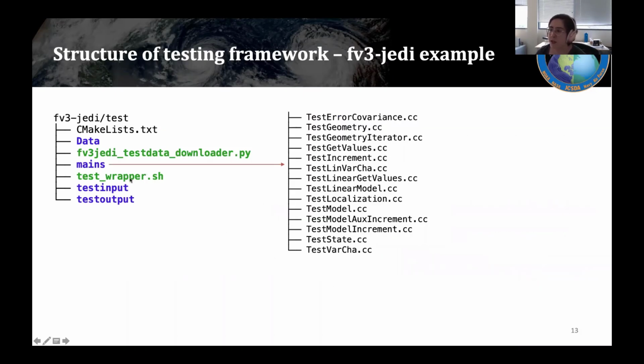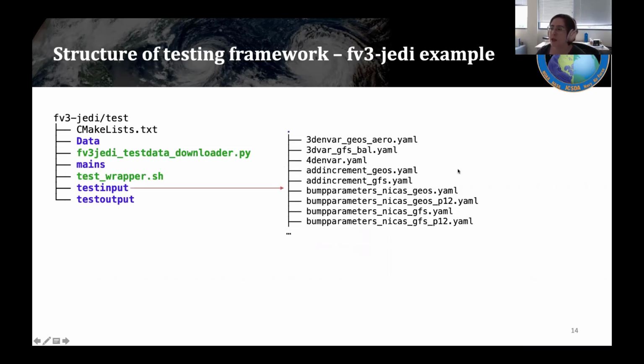Another directory we talked about is mains, which will include all the source files. Then you have test input. The test input includes all the YAML files that you need in order to run the tests.